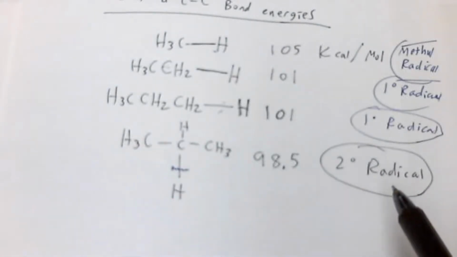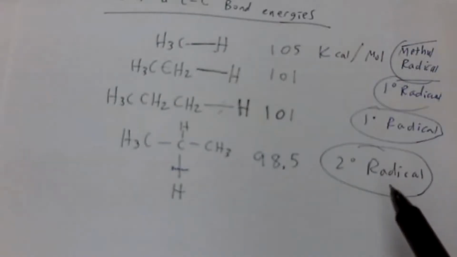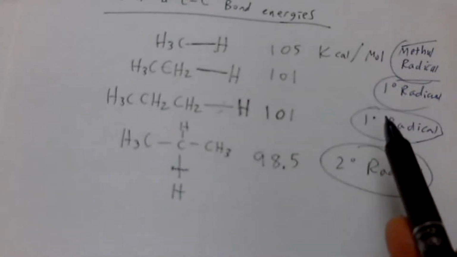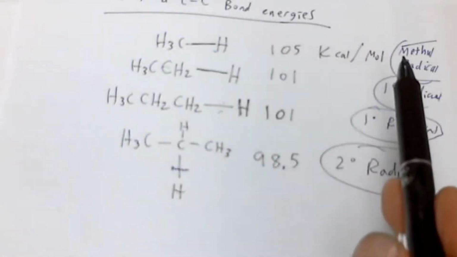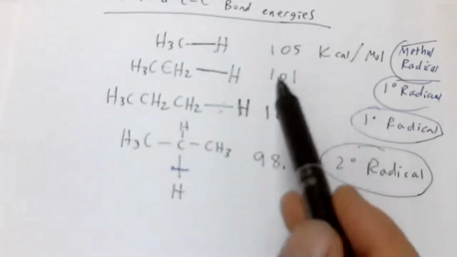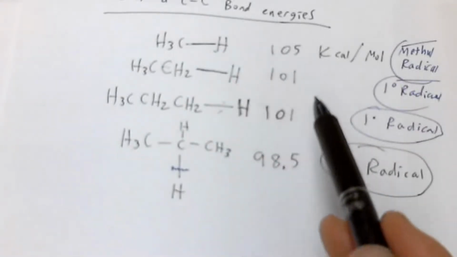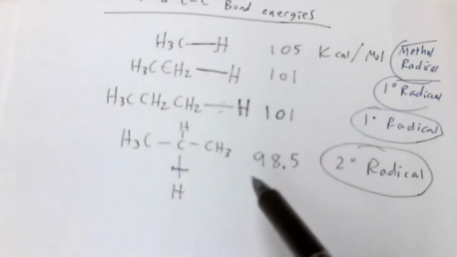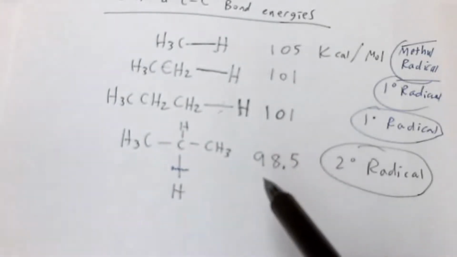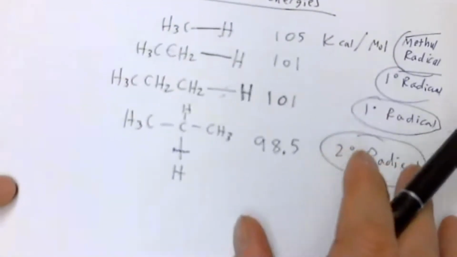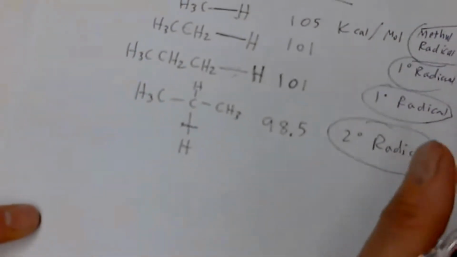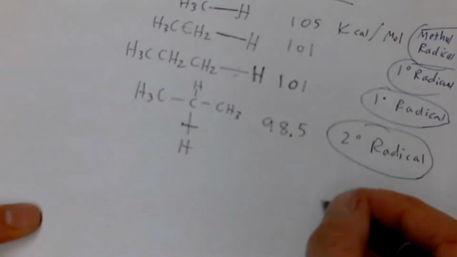It looks like a methyl radical is the least happy. Primary radicals are consistently a little happier. Secondary radicals are a little happier than that. And who's going to be the happiest of all? The tertiary.